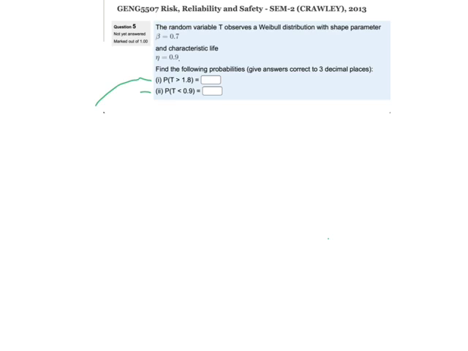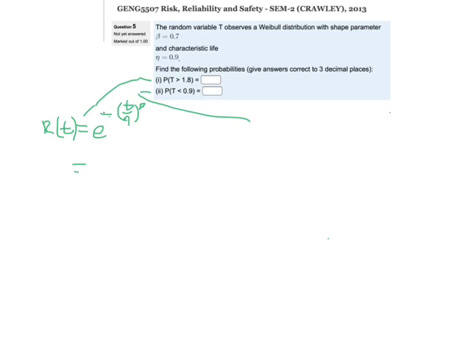I'm going to split these in two because they're slightly different questions, so we need different equations, that's all. For the probability that T is greater than that, we're going to use R of t, the reliability equation. For a Weibull distribution, R of t is equal to e to the minus t on eta, all to the beta.